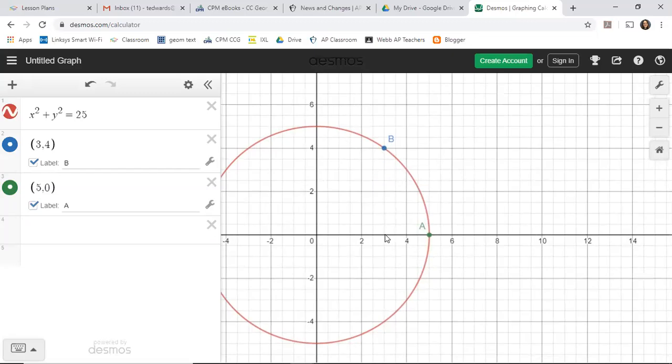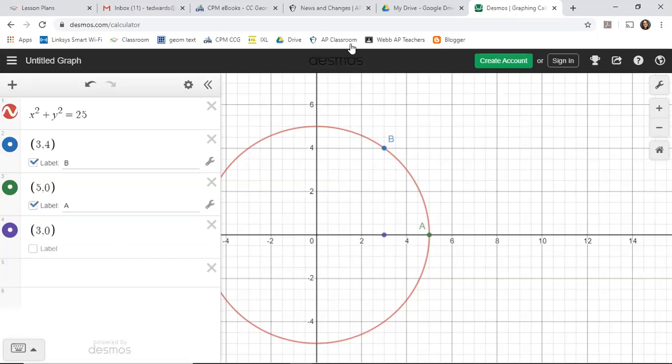Well, we go over 3, right? And then we go up 4, right? Over 3 and up 4. So if we're looking at this as a triangle, then we've gone over 3 and up 4. And I want to know this little angle down here at 0, that's opposite over adjacent.